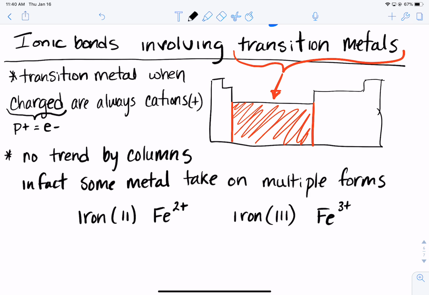So iron does that, copper does that, other metals do that. Some, like silver, only take on one form. It's always plus 1. Zinc, it's always plus 2. It really just depends. I asked you to make 7 flashcards for some common ones I'm going to have you memorize. But all of those transition metals can take on some positive charge and sometimes multiple positive charges.